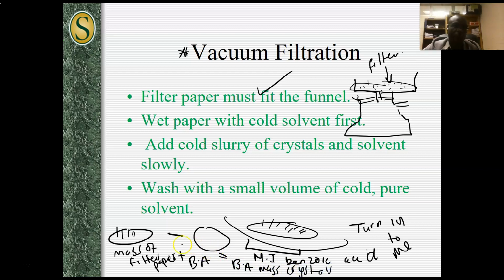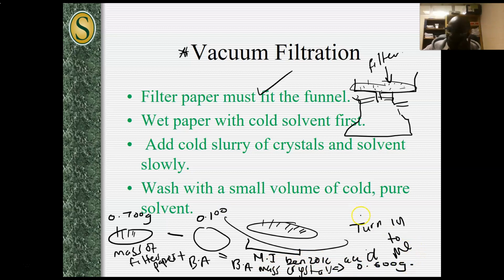So that's the process. Let's say the filter paper by itself was 0.1. After weighing with benzoic acid, it turns out to be 0.7 grams. So what will be the mass of benzoic acid? You subtract, the mass of benzoic acid will be 0.6 grams.